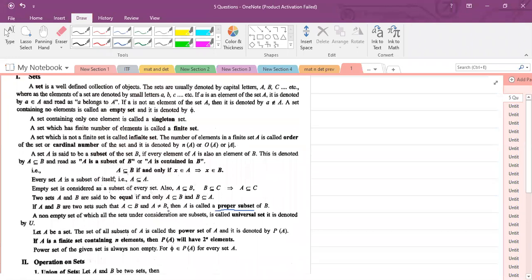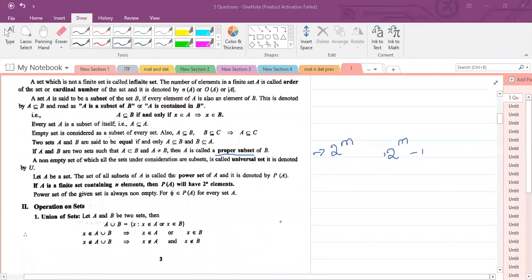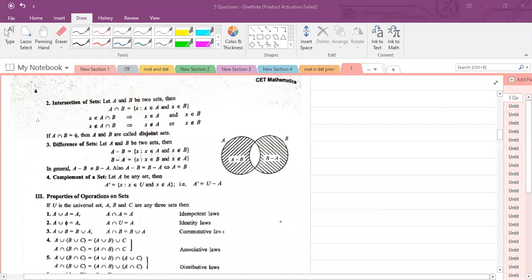If there are 2 raised to m subsets, then there are 2 raised to m minus 1 proper subsets. Union, intersection, all these operations are very easy operations.